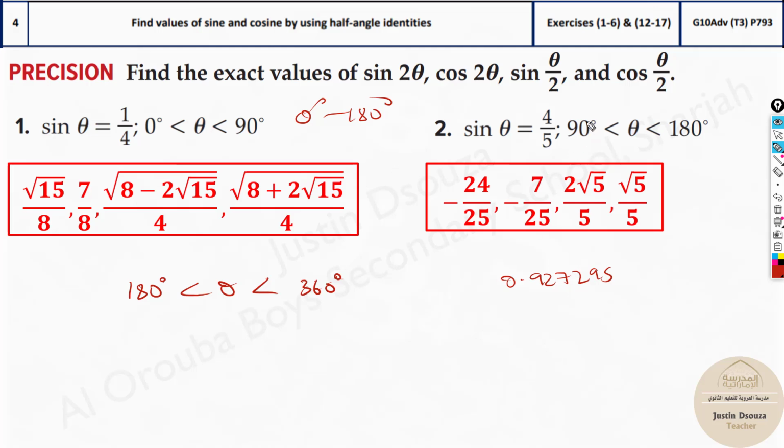Now for cos 2 theta, do you think we have to do the same thing? Is it from 180 to 360 degrees? No. Here, whatever answer you get is the correct answer. In the calculator, the sign is not at all impacted by this. I will explain why, because this is a bit confusing, right?